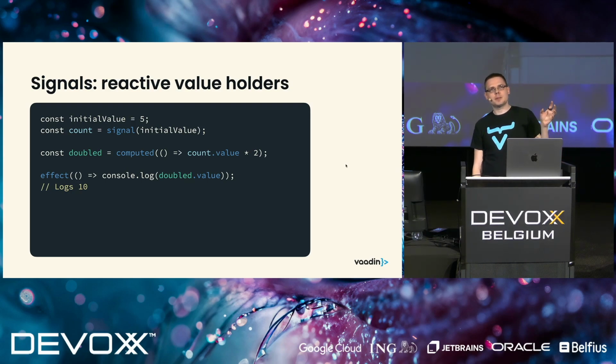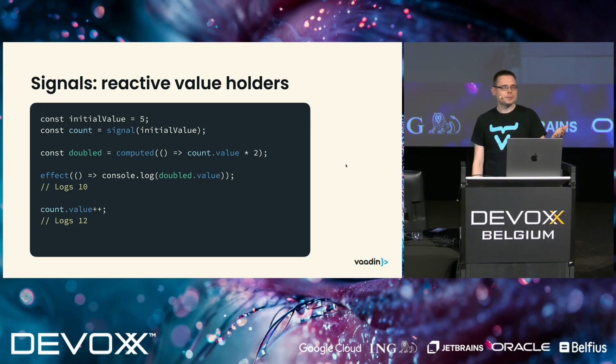Immediately when we run this, it will log 10 because the effect is immediately active. And the real magic with signals is immediately when we increment the value, I mean count.value++, it's just reading that 5 to say it's 6 and then writing that 6 back into the signal, then immediately that logs 12. And that's quite magic.